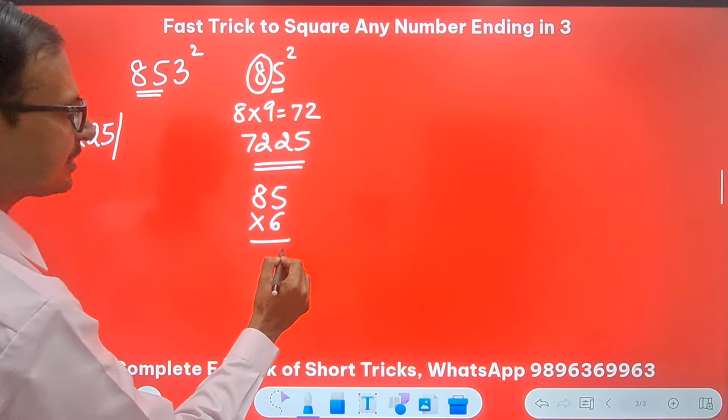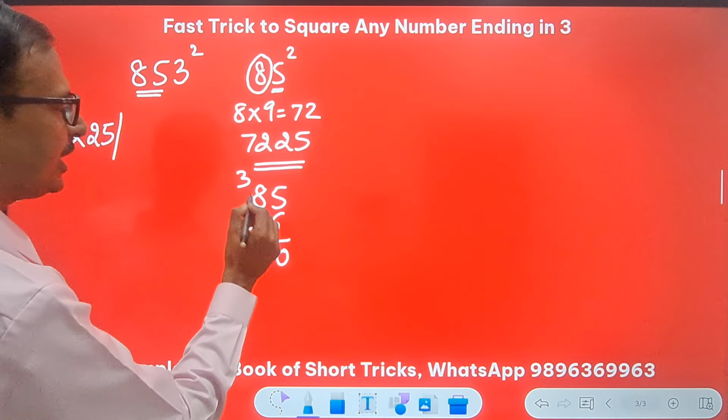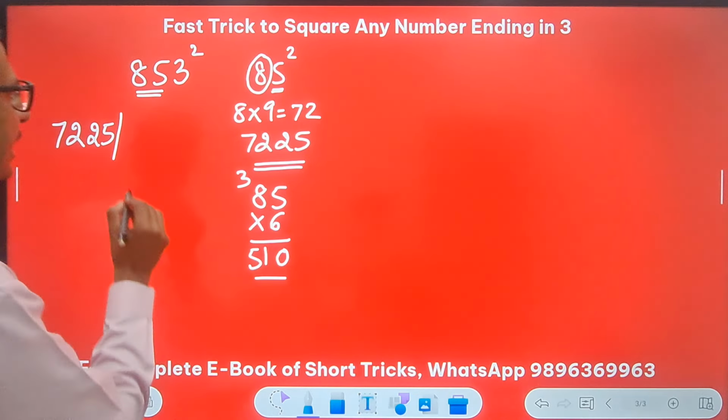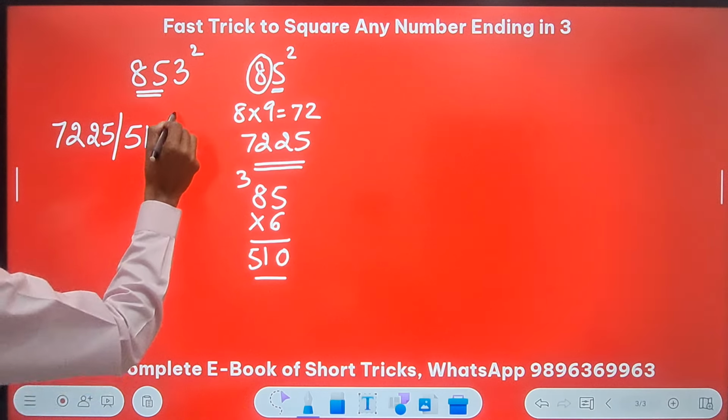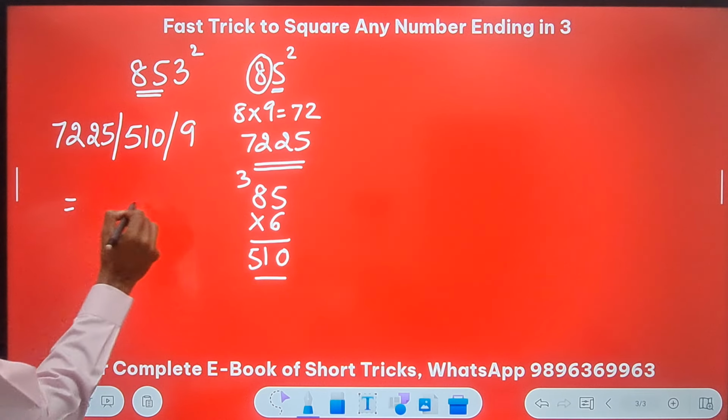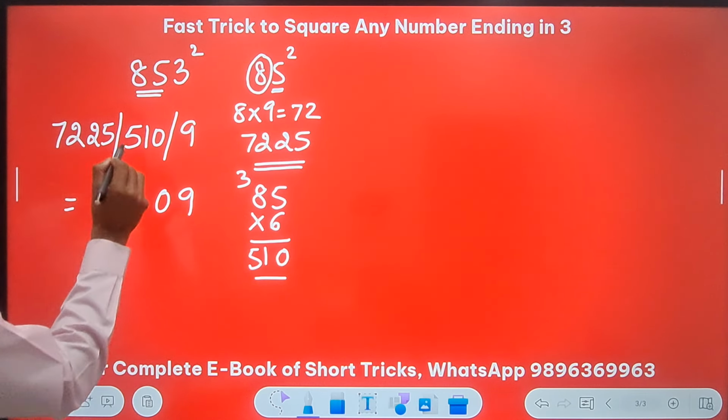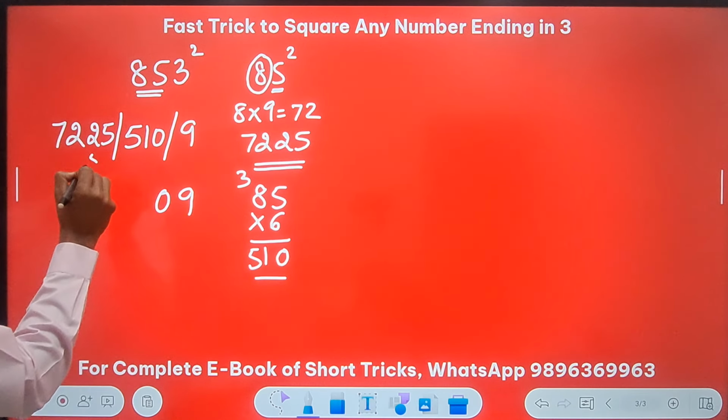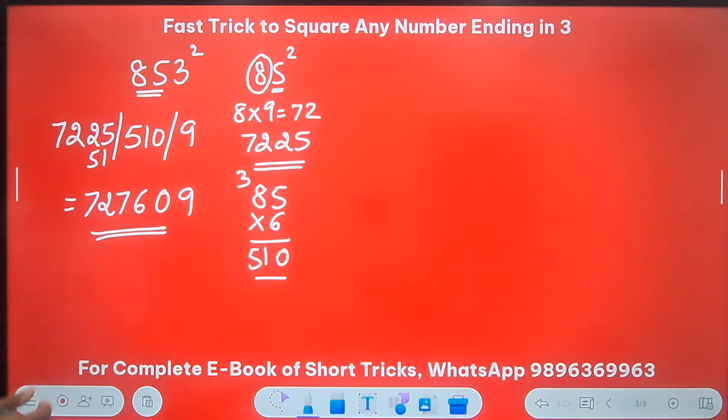So 6 5s are 30. So 3 8 6 are 48, 51. So 510 forms the second part, and the 9. So your answer is 90. The 51 gets carried forward. So this is 6 7 2 7. There we go. 727609 is the square of 853.